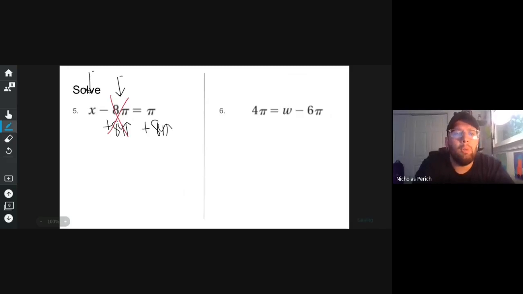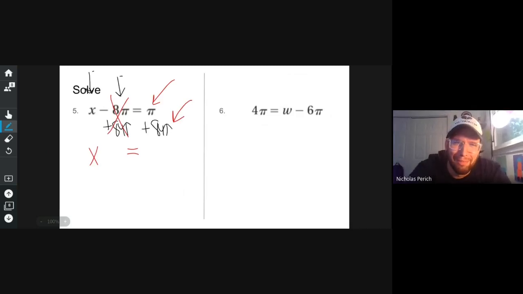That crosses out. Bring down the x. Bring down the equal sign. I have a pi, and I'm going to add 8 pi's. What do I get? Obesity. Just kidding, 9 pi. But if you're eating 9 pies, whew.